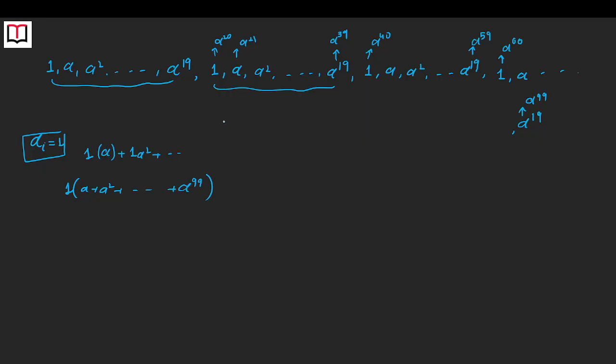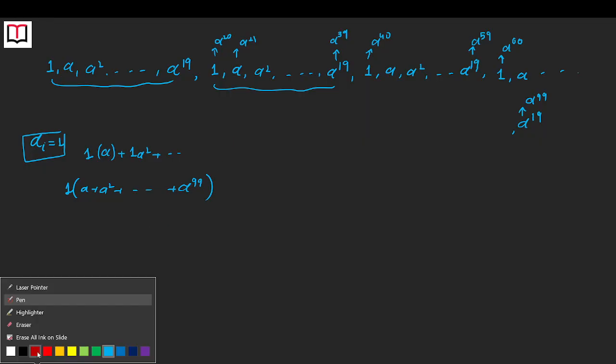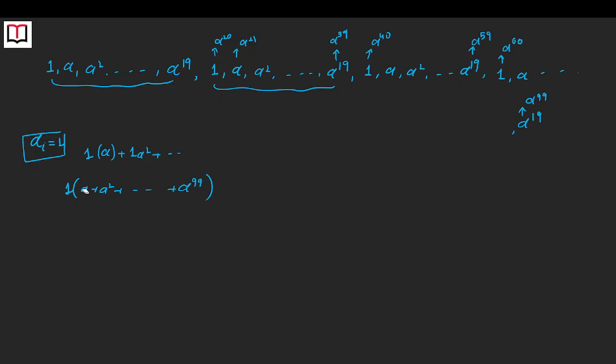But again, I'm just talking about the 20th roots of unity. So when we write it, till alpha raised to the power 19, take one common: alpha plus alpha square up to alpha 19, and then again plus 1 plus alpha square.